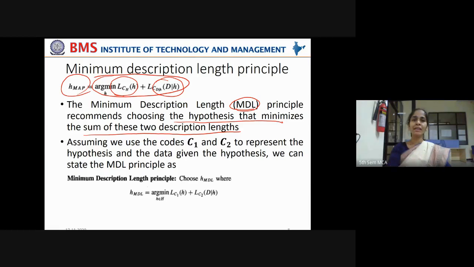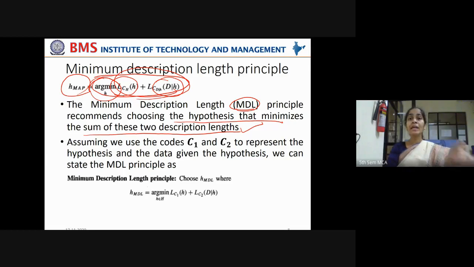Nice explanation, right? So that is given in this point. The minimum description length MDL principle recommends choosing the hypothesis. What type of hypothesis are you trying to choose? That minimizes the sum of these two description lengths together. If it minimizes, that will be your most probable hypothesis. That would be your best hypothesis you are searching for.